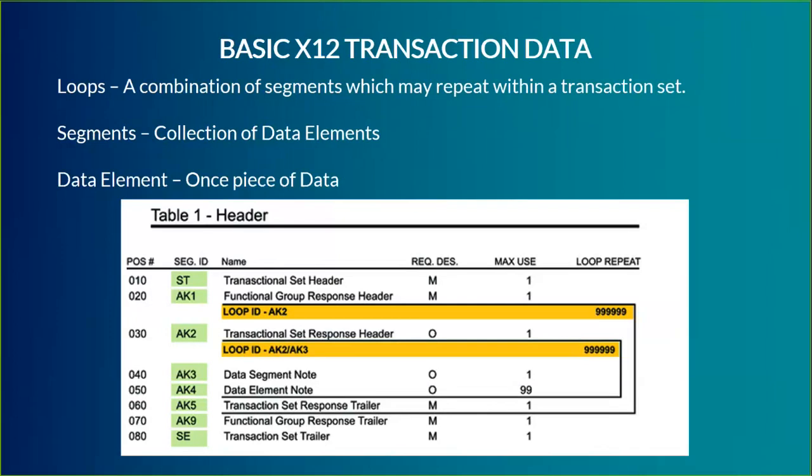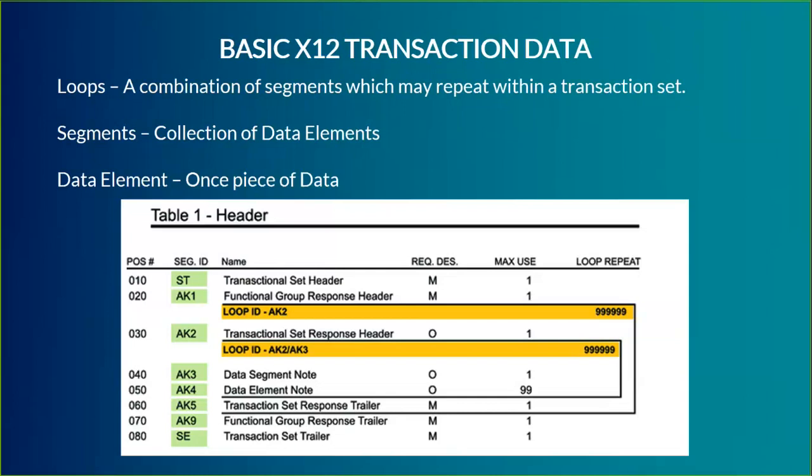What you do not see in this are the data elements, because this is a table, and you can actually find this table in the front matter of your transaction. That's where you would see something like this, and you can quickly look and see what's in the transaction that you may or may not need.